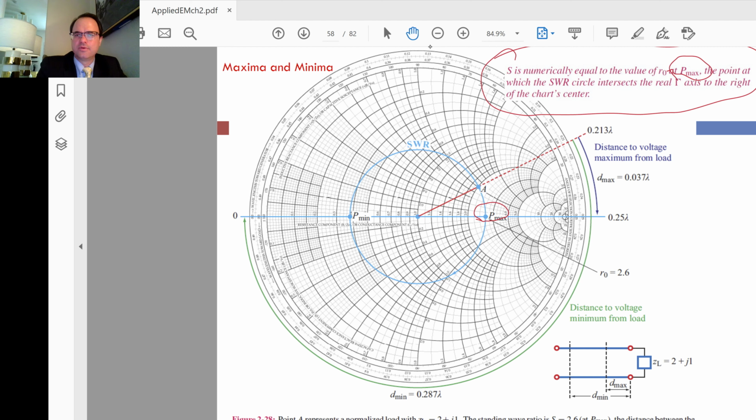We define that normalized resistance at that point to be R sub naught. This is the point at which the SWR circle intersects the real gamma axis to the right of the chart's center, so right here. So this gives my R sub naught.